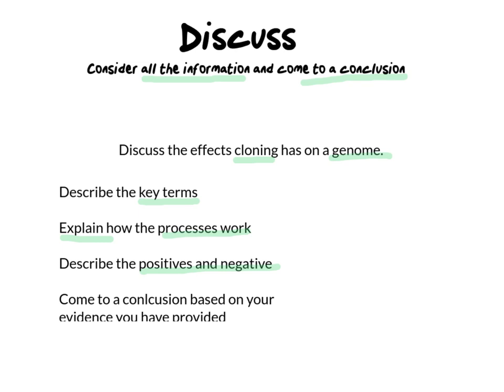And lastly, now that you've discussed these key terms, the processes, and the positives and negatives, you have to come to some kind of conclusion based on the evidence that you have provided. And as you can see, you're ultimately formulating an answer that is constructed around the evidence and the knowledge that you have on the topic.